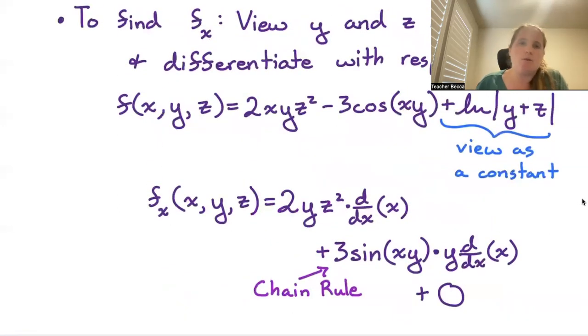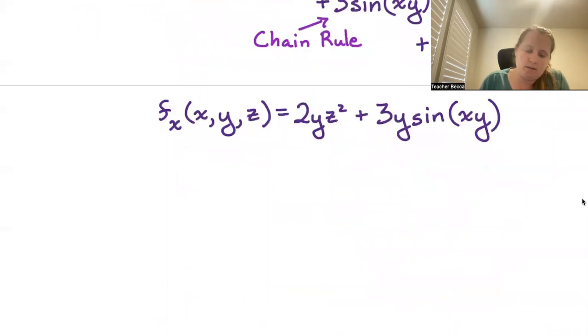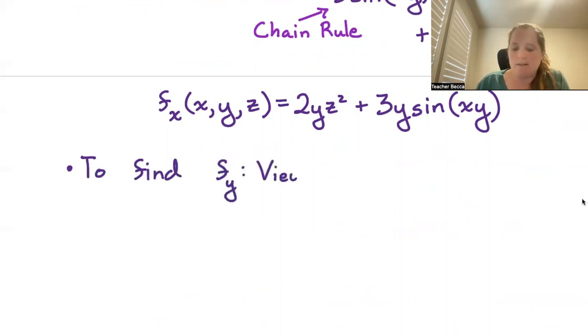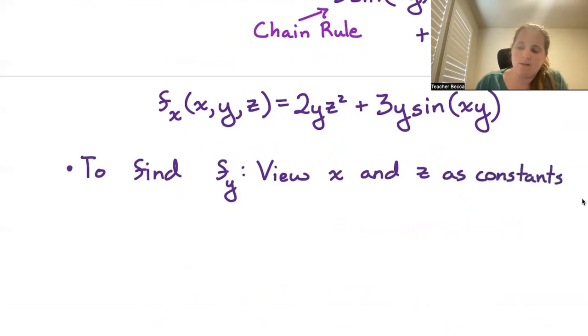Then we move on to the partial with respect to y. To find the partial with respect to y, we view x and z as constants and differentiate with respect to y.